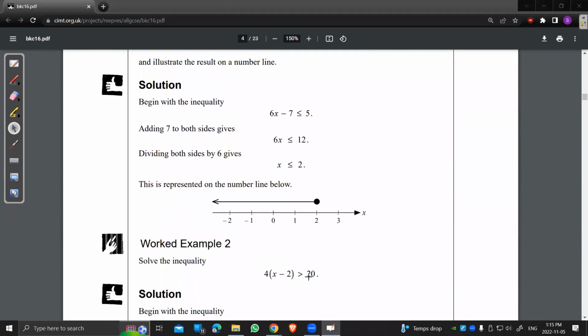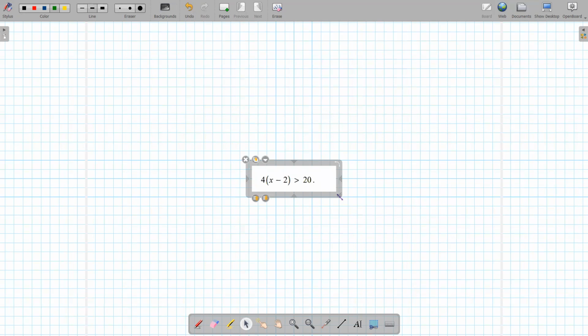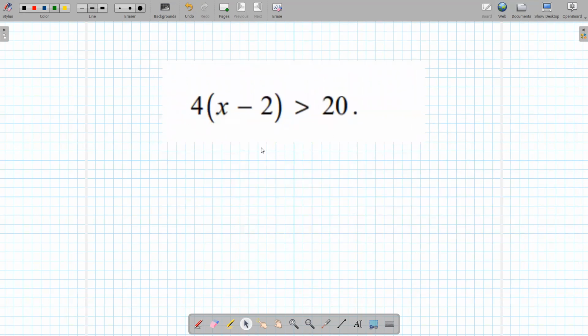I guess this kind of also, what do we do here first? There's two things you can do, both of them are right. One of them is better than the other. What would you do? Open the bracket. Yeah, that's definitely on the table. What else could you do?